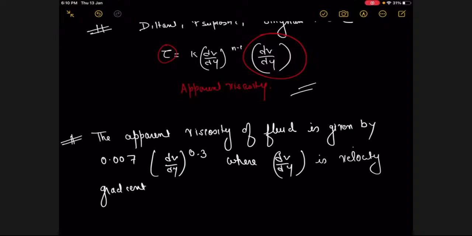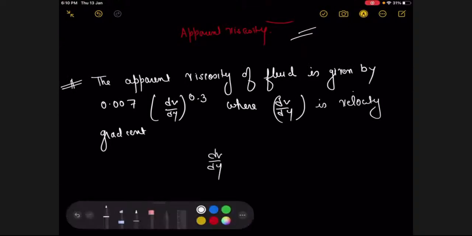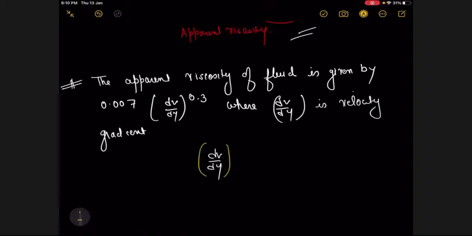Okay, so if you compare this with our generalized equation, then n minus 1 is equal to what is given in the question, 0.3.